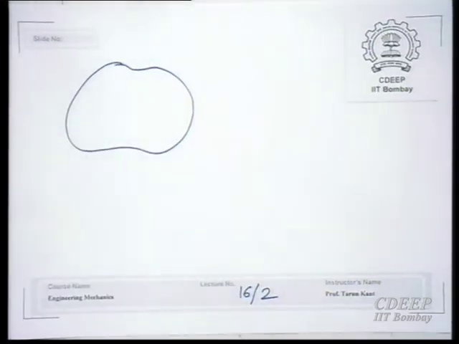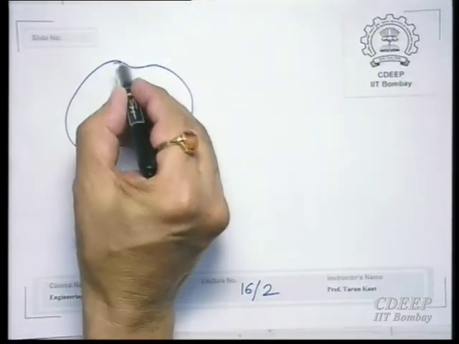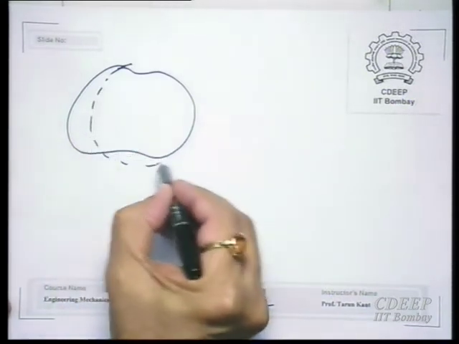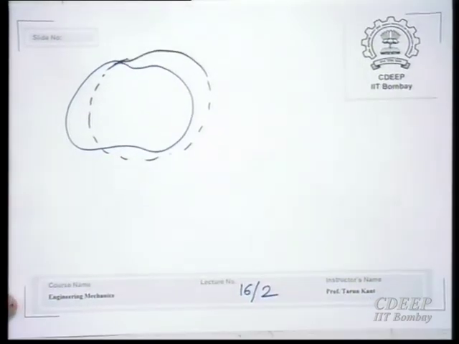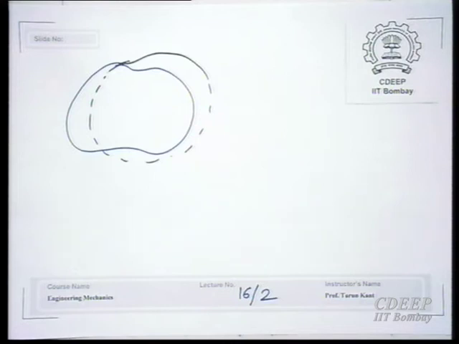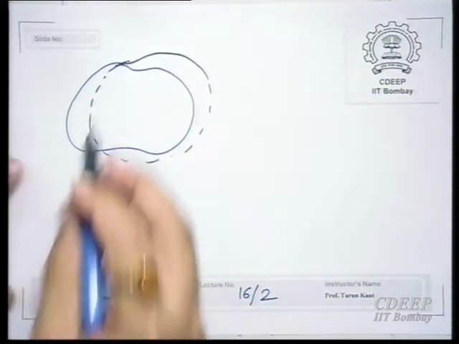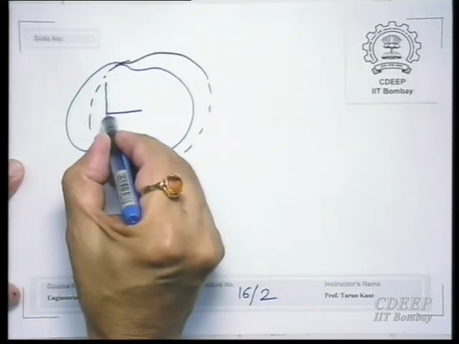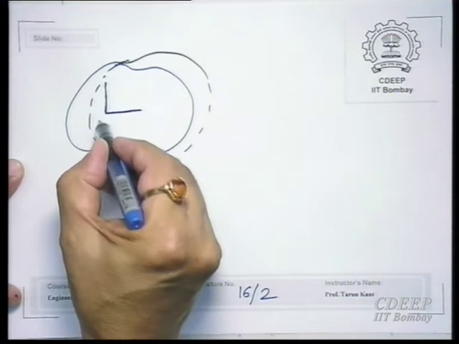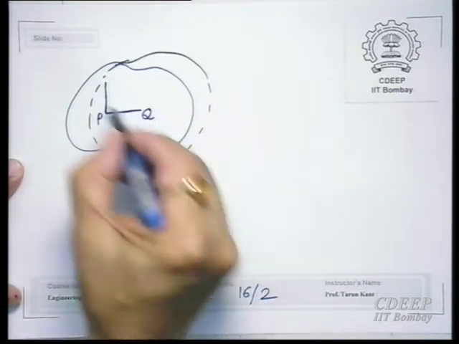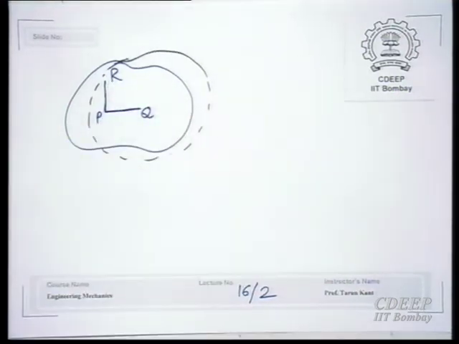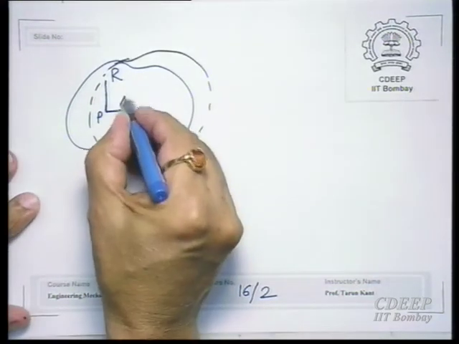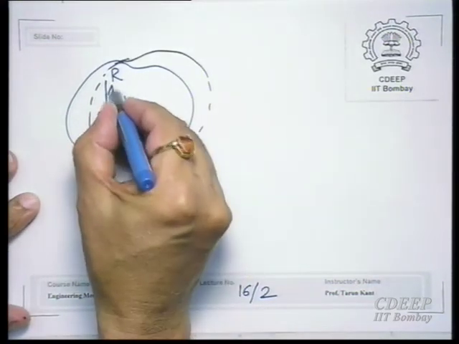If this is the original body, after loads are applied, the body takes a shape like this, and originally I had two lines which were at right angle. I had PQ and R. Originally I have marked out two lines, this let us say is delta x, this is delta y.